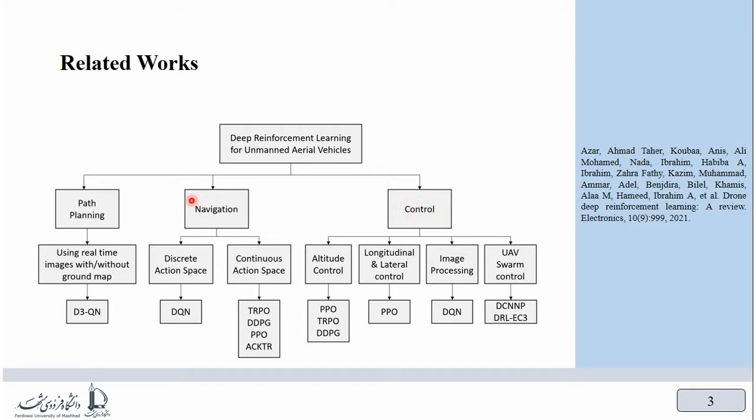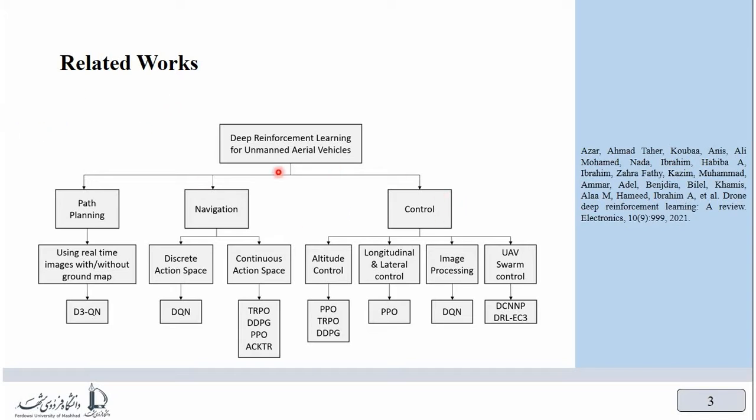The second task is the navigation part, which is avoiding obstacles during the flight. And path planning would be to follow a target from point A to point B. You have both point A and point B, and you are in charge of designing or planning a path from point A to point B.